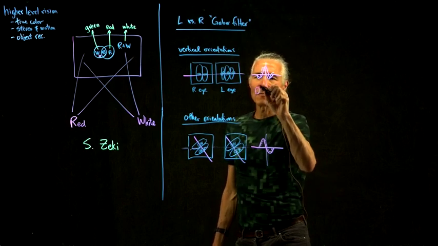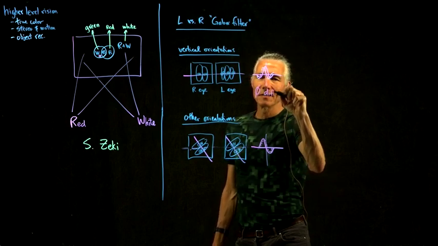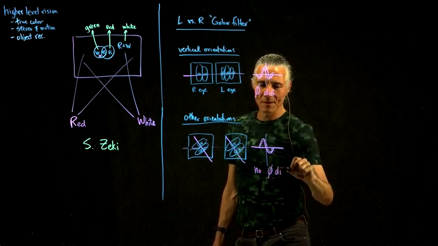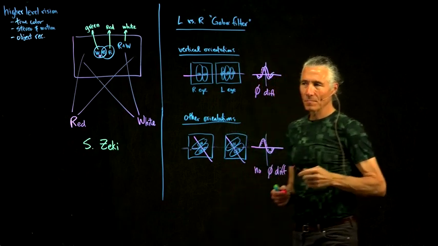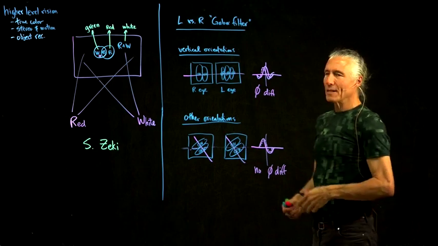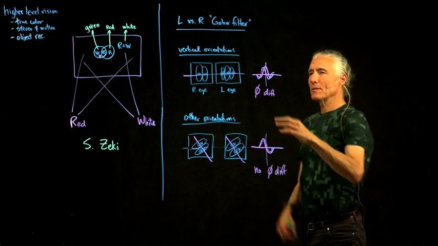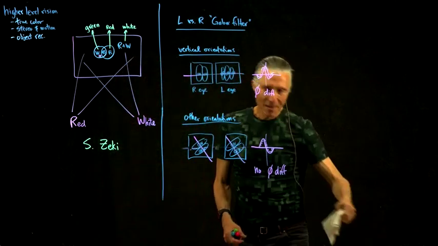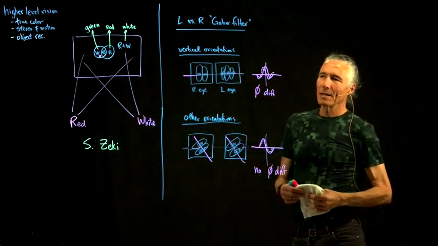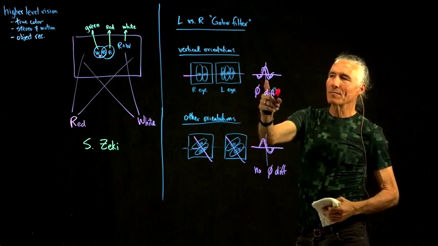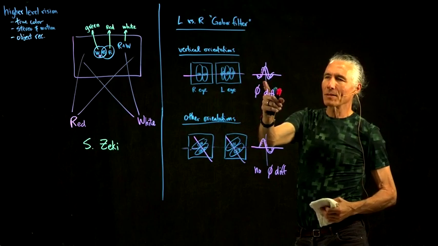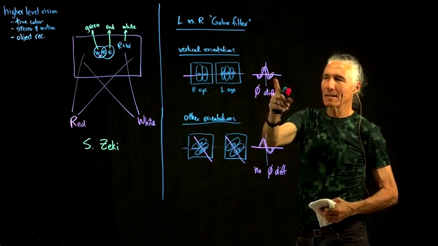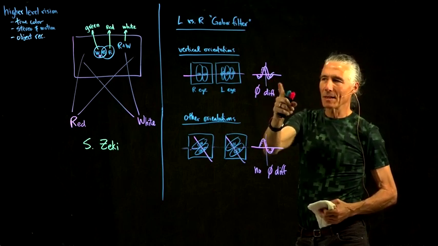So this one has a phase difference, and this one has no phase difference. That's good evidence that what we're seeing here is something adapted to measuring a nice range of different horizontal offsets in the image coming into the left and the right eye.